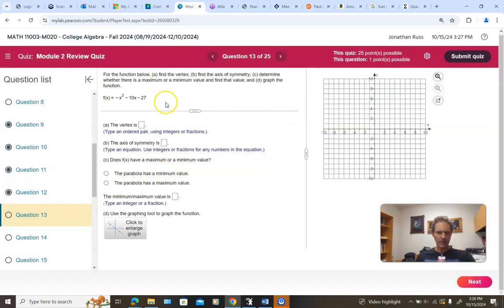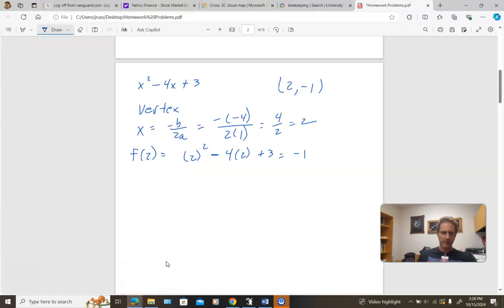All right, and then number 13 is the same thing, but we've got a different function. It's -x squared minus 10x minus 27. So for my vertex, the x-coordinate will be -b over 2a.